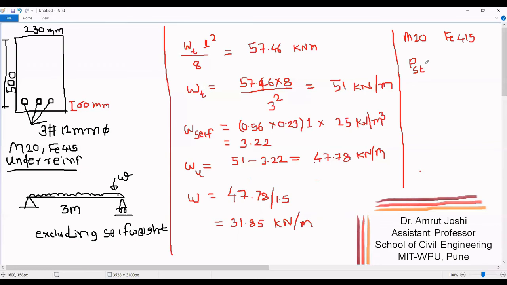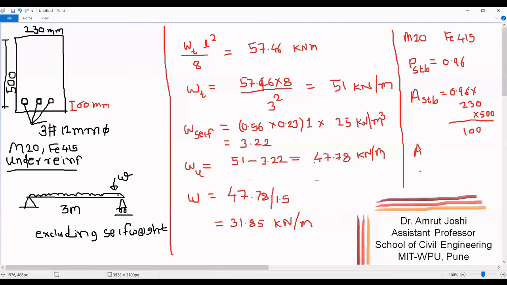Percentage of steel for balance section with this combination is 0.96. Therefore, tension steel to make this section balance is going to be equal to 0.96 multiplied by 230 into effective depth, that is going to be equal to 500 divided by 100.